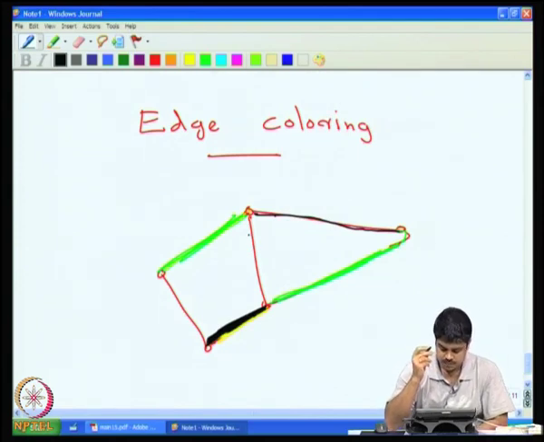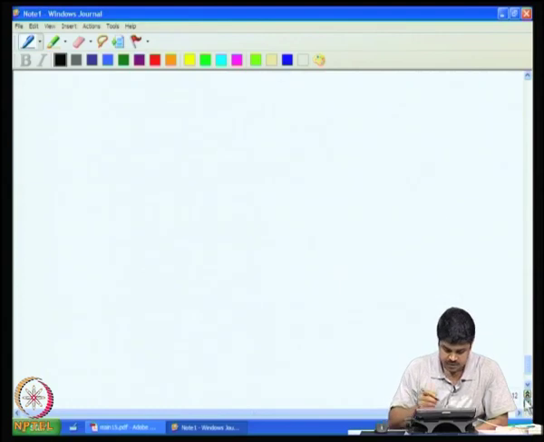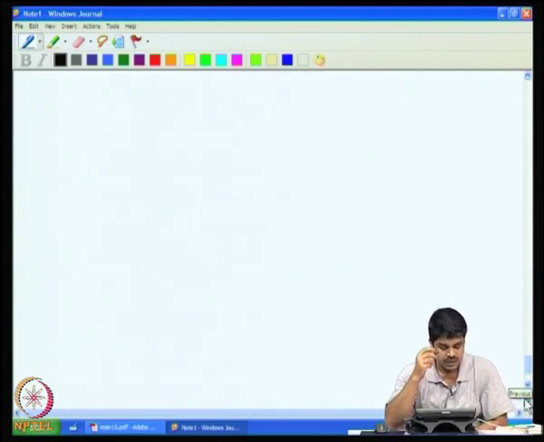Now, let us see some examples. For instance, what will be a very natural and easy lower bound for the edge chromatic index? What do I mean by edge chromatic index? It is the minimum number of colors required to edge color the graph properly.